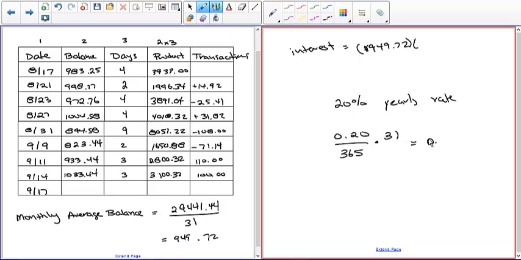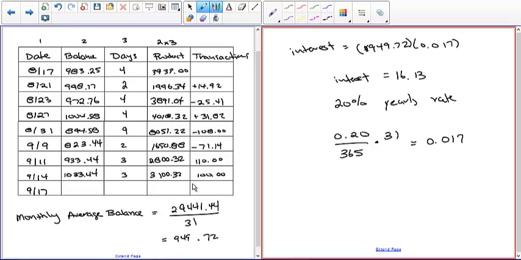So the monthly interest rate is 1.7% approximately, 0.016986. So then I'm going to multiply that by 949.72. That comes out to be $16.13. So that's my interest.